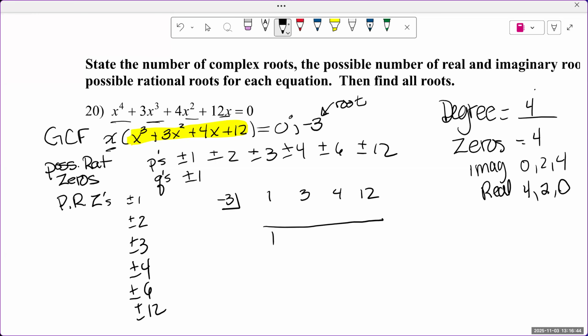Step 1, bring it down below the line. Step 2, multiply and put it above the line. Step 3, add down. Step 4, multiply, add down, multiply, and add down.